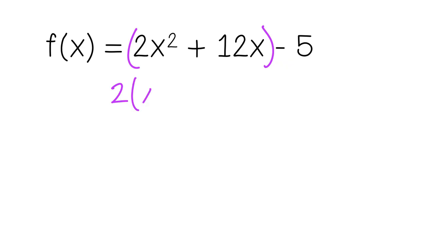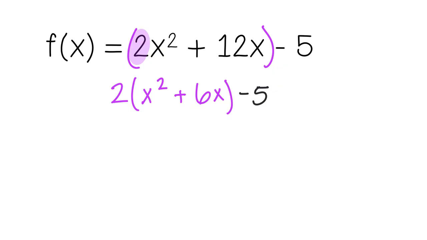So now I'm going to have x squared plus 6x, and then I still have that minus 5. Forgot that parentheses. Okay, so that's really pretty easy. We can do that. Just factor out whatever's in front of that x. Okay, so we did that. Pretty easy, not too hard. Because again, I'm trying to get that x squared.